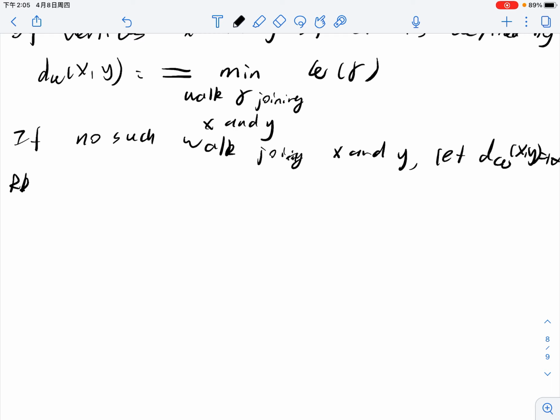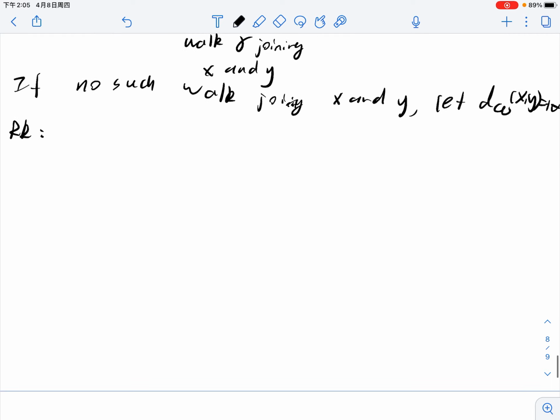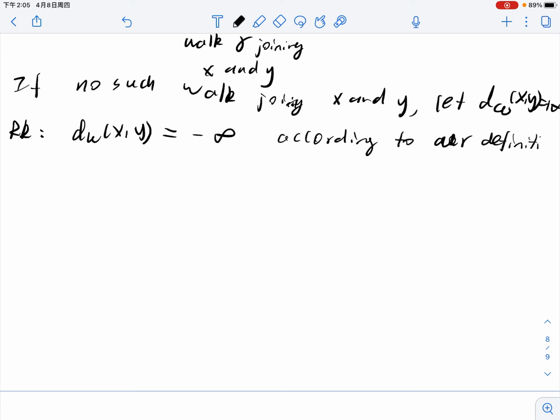And here, actually, we need to have a remark, that is, d omega of x y may equal negative infinity according to our definition. Because if you look back at the definition, we never assumed omega is a non-negative number.